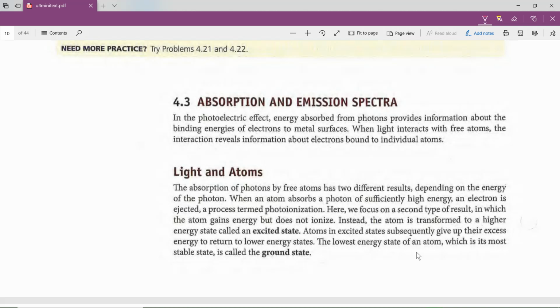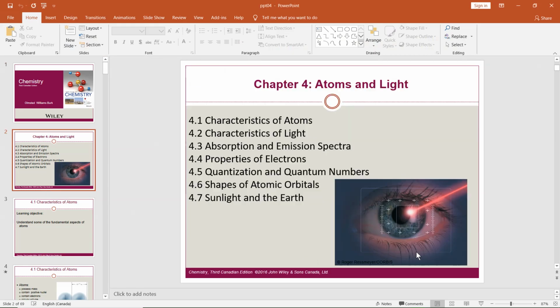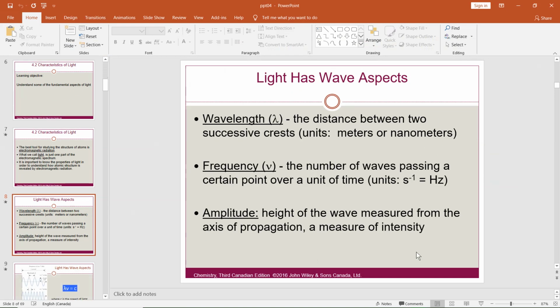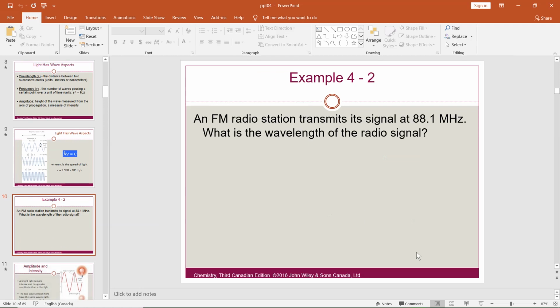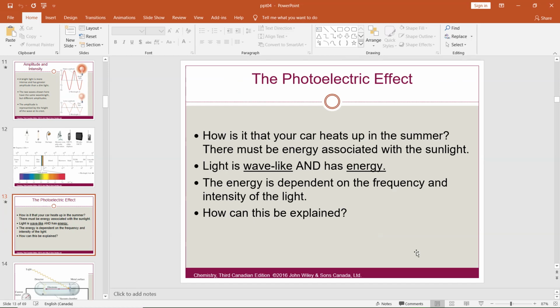Let's just see if there's something from the slides that'll help us. There's some definitions, where light has wave aspects: wavelengths, frequency, amplitude. Speed of light, the examples. Most of these slides are just photos. There's the electromagnetic spectrum, images from the textbook. Photoelectric effect, sometimes there's a bit more information.